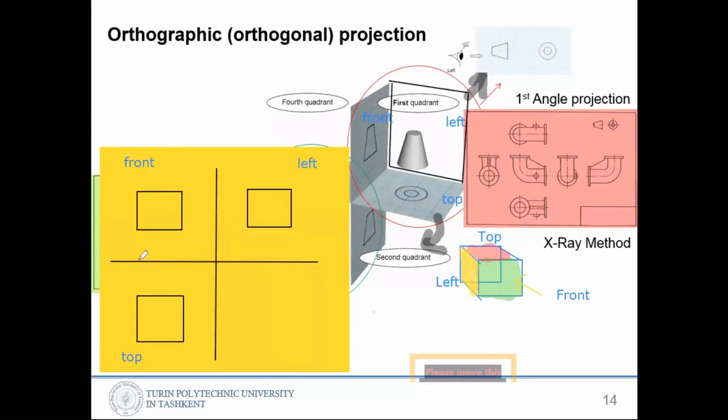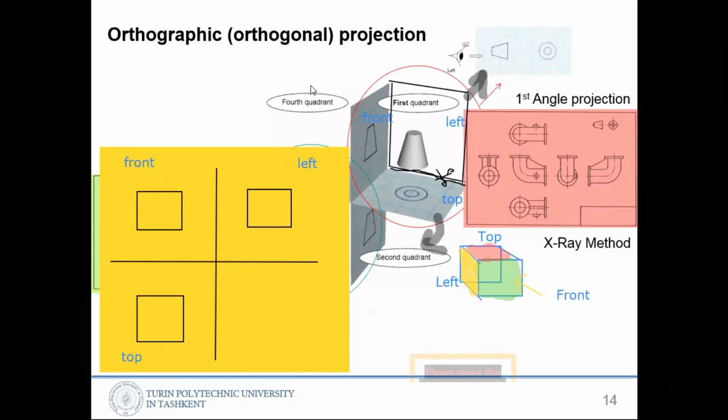So using scissors, just cut like this, from here to there. When you cut, you can open your box and make a plane. This box as a plane, like this.